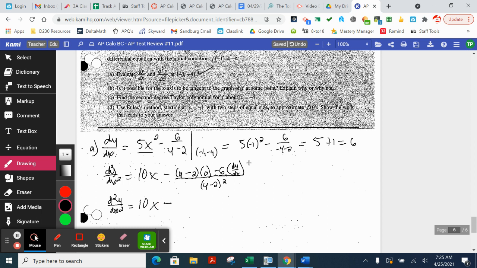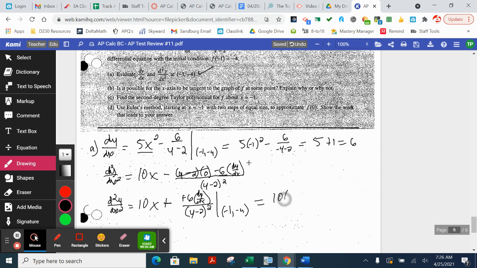So this would become minus, this would have canceled, negative 6 over y minus 2 squared. This is our dy dx. And then we ultimately ended up adding those. Now we evaluate this at the point, negative 1, negative 4.